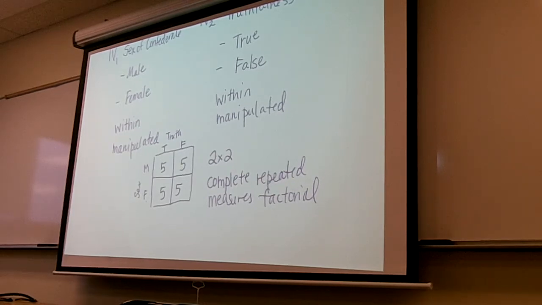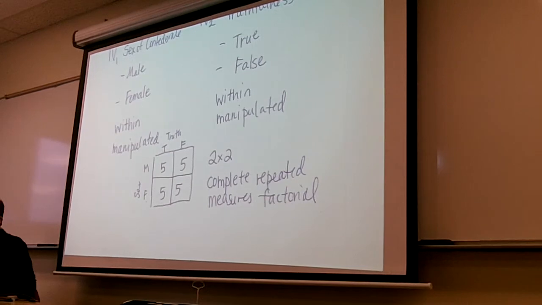So the important thing to remember when you're identifying independent variables, you want to think carefully about, are the subjects experiencing just one level, or are they experiencing all of them? You have to be able to figure that out from the description. You want to find the words in the description that give you the clues you need.